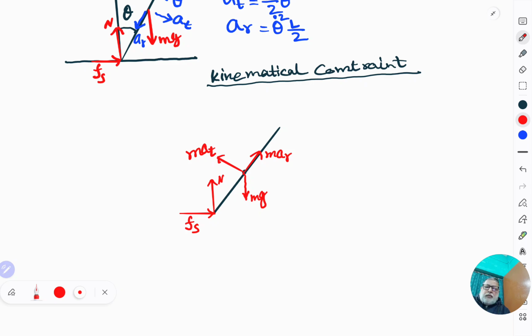If we want to draw the equations of motion, which follow from Newton's second law, that the sum of all the external forces in a direction is equal to mass into acceleration in that direction, then we must take into account all the pseudo forces as real forces. Let me give you a simple example of why and how these pseudo forces are real forces in this frame. Imagine you are traveling in a vehicle.